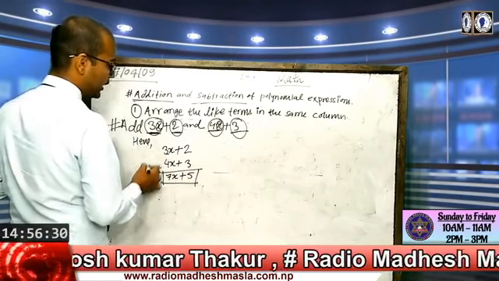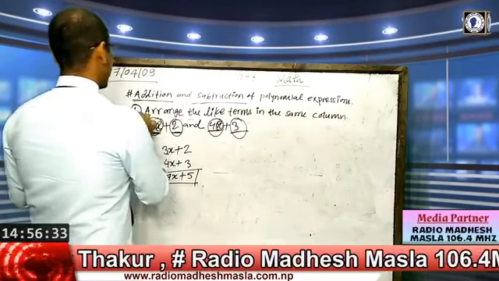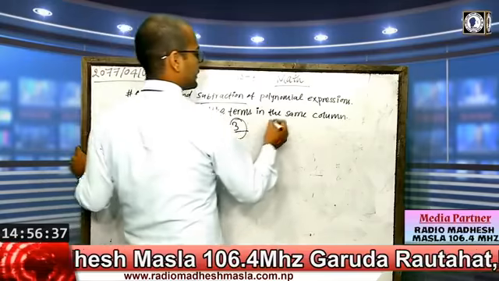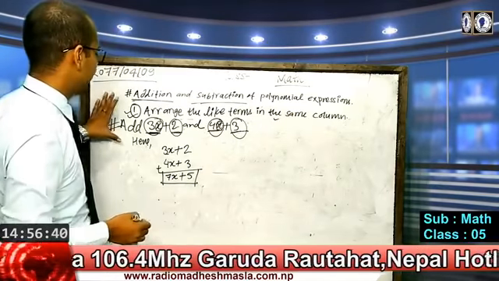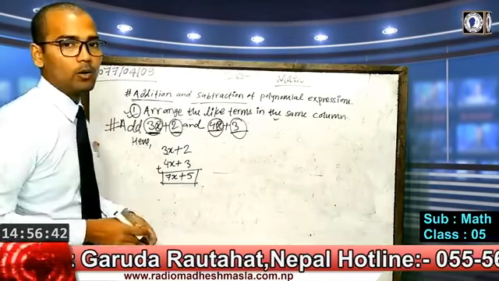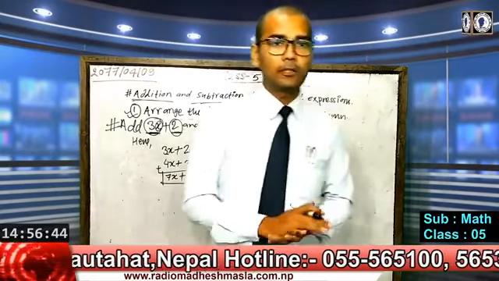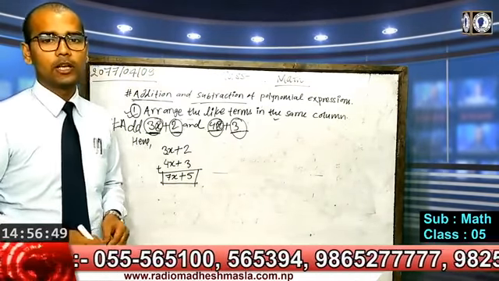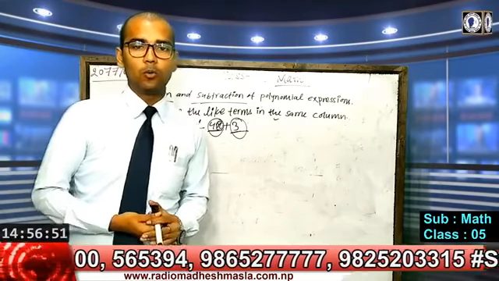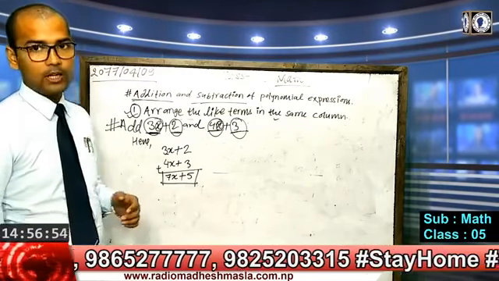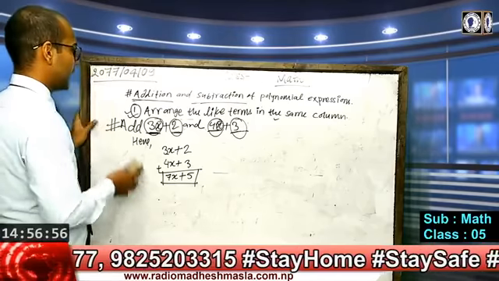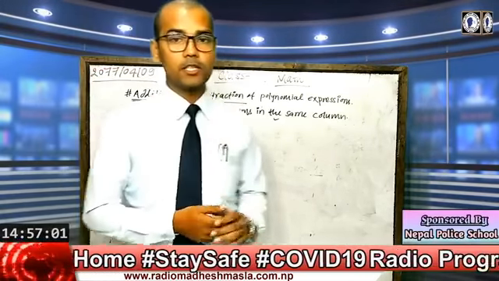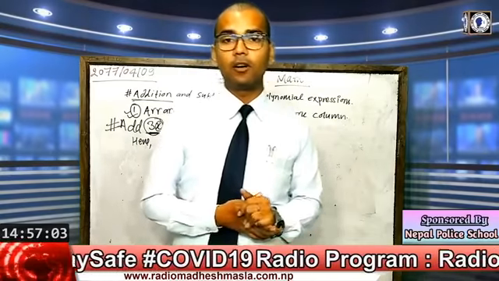In this way we can follow the first rule by arranging the like terms in the same column. Then we have other rules too, but today we won't discuss that. We will discuss many more things about the addition and subtraction of polynomial expressions in our next class.